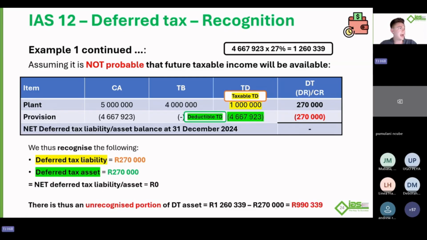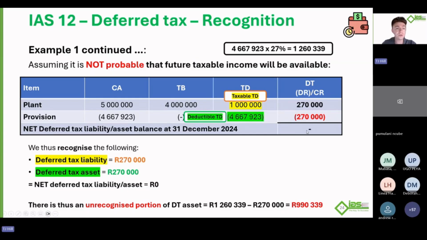Happy. And that means I have an unrecognized portion of that asset. Remember, I wanted to recognize 1,260,339. I only recognize 270, which means there's a piece of this that I did not pass a journal for.